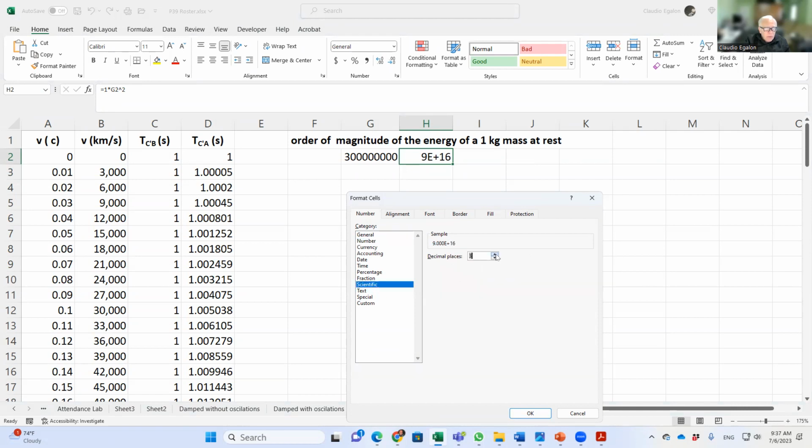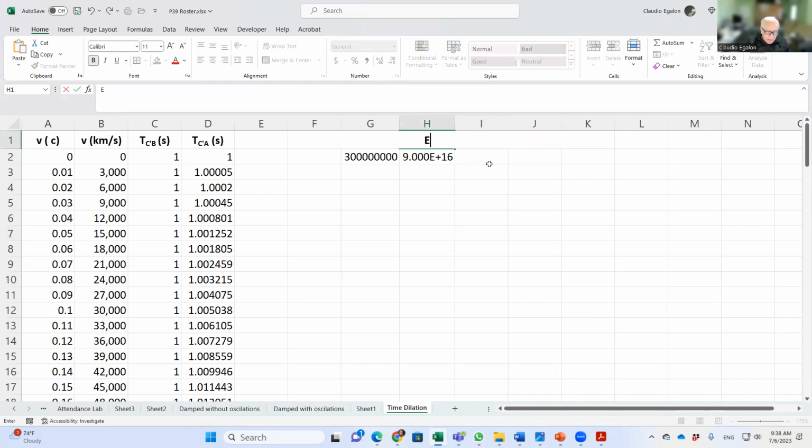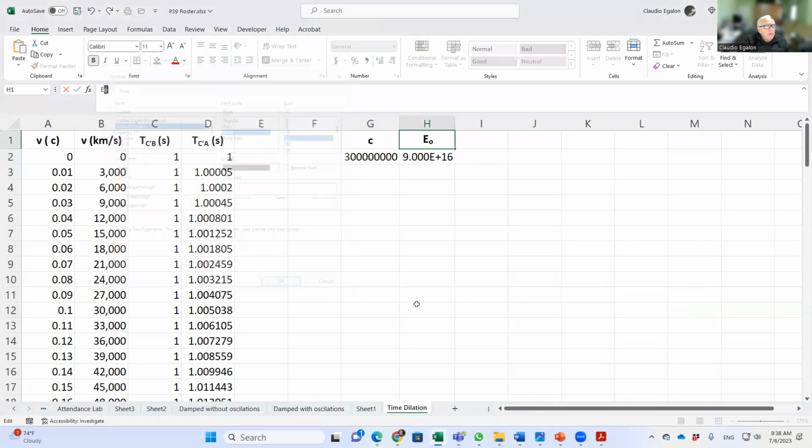It's best put in scientific format, right? This number is so big that it's best put in scientific format. And by the way, that's joules. So I'm going to put C here, the rest energy of a kilogram mass, with a subscript.